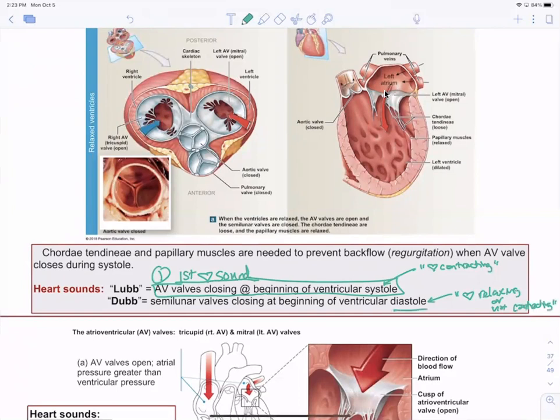So at the beginning of the contraction, the AV valves close. That is the first heart sound. Then at the beginning of the heart starting to relax and refill with blood, you hear the semilunar valves close. And that is the second heart sound, the semilunar valves closing.